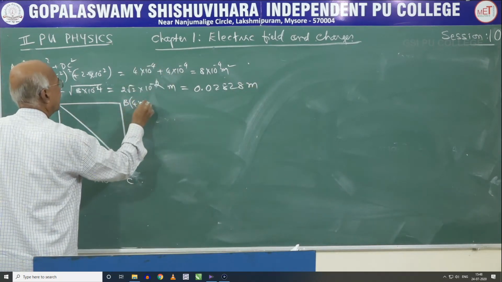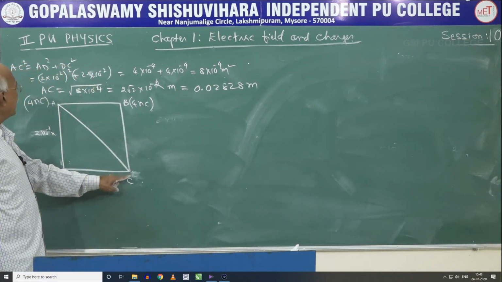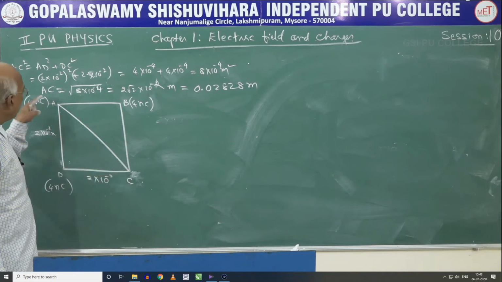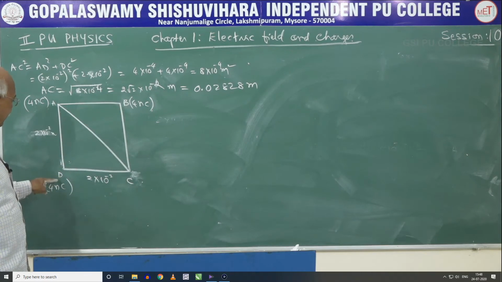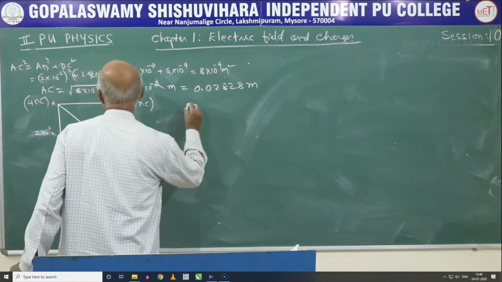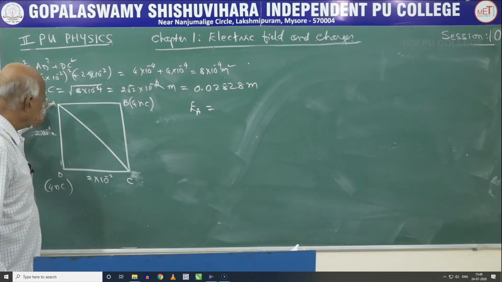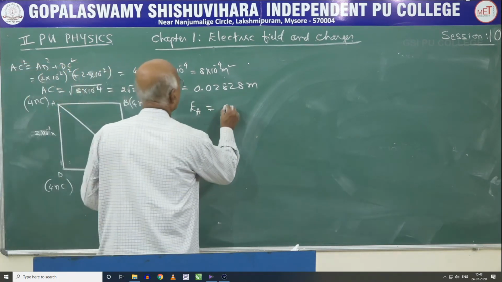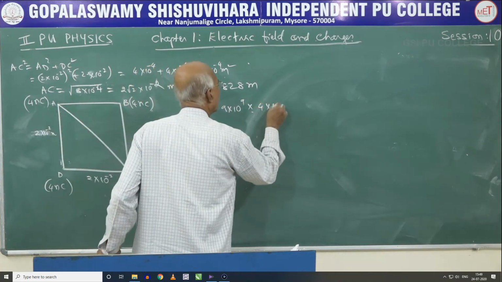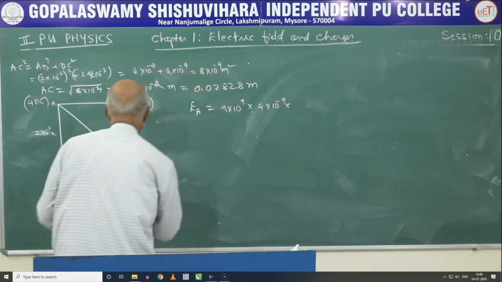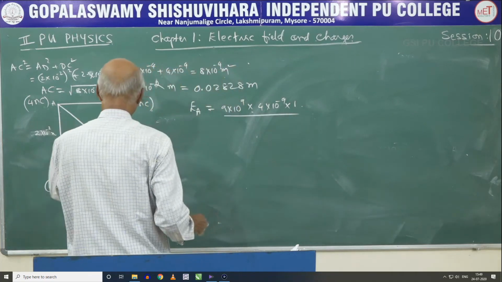4 nanocoulomb here it is 4 nC. Now at this point we have been asked to calculate the electric field due to 4 nC at A, 4 nC at B, 4 nC at D. So the electric field due to A at C is equal to 9 into 10 to the power of 9 into 4 into 10 to the power of minus 9, into 1 for a unit positive charge, divided by AC square.